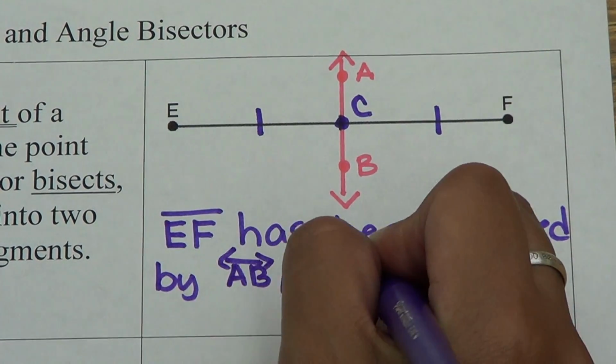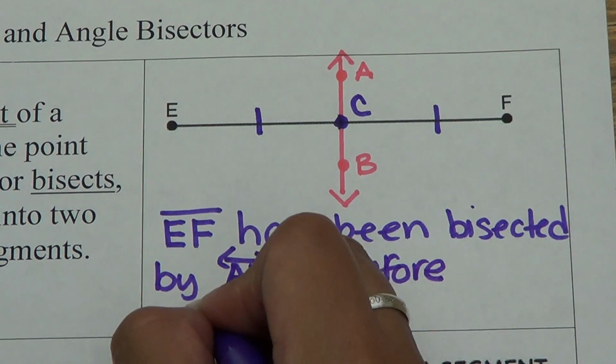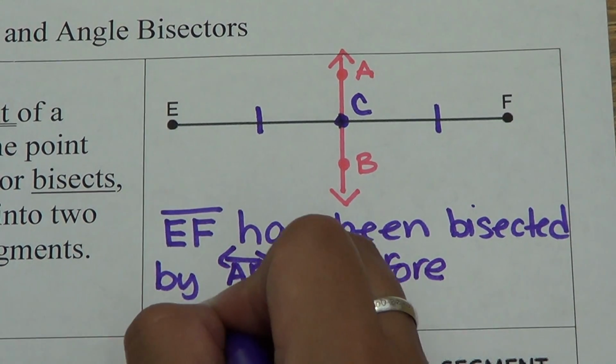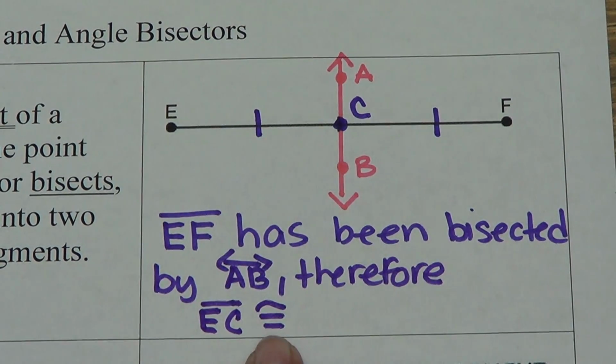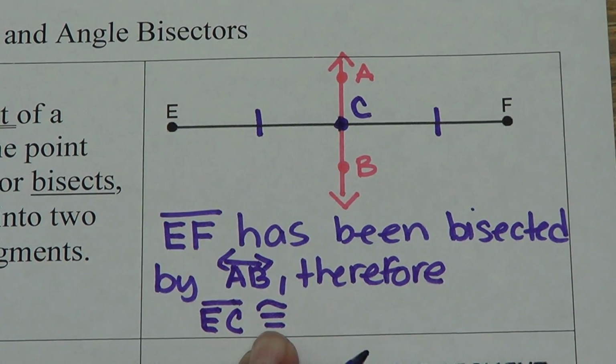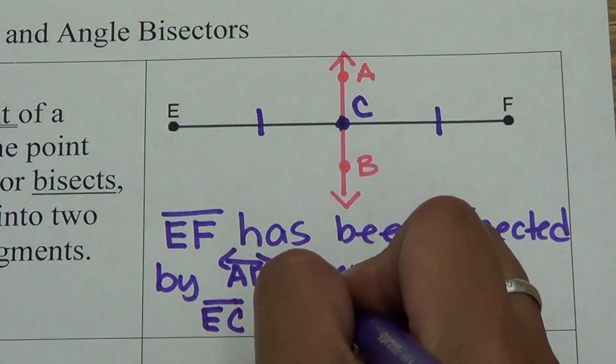Therefore, segment EC, and this is how we show congruent, it's like an equal sign with a little squiggly on top, is going to be congruent to segment CF.